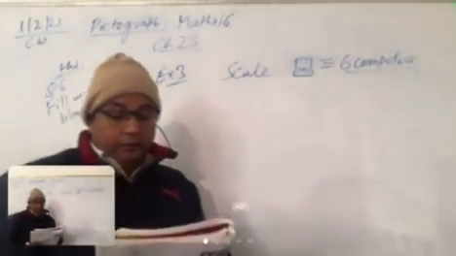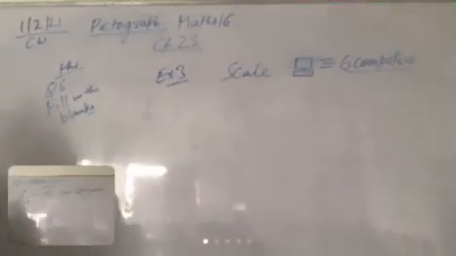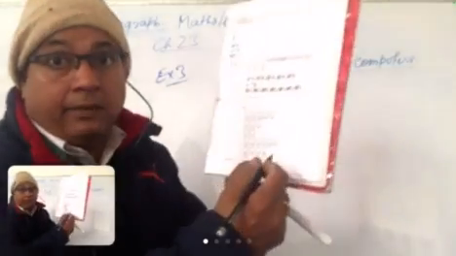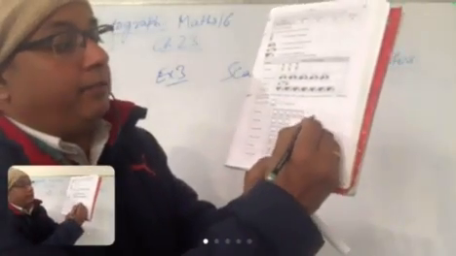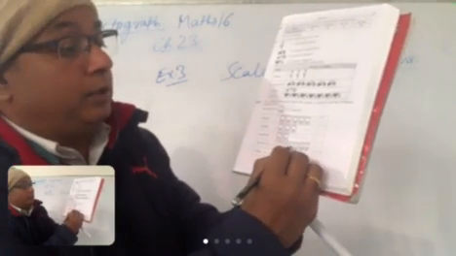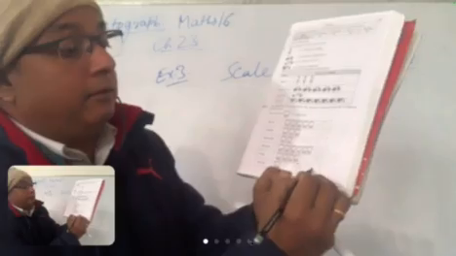Now Monday there are 1, 2, 3, 4, 5. Everyone write the numbers here: 5, 3, 2, 1, 2, 3, 4, 5, 6, 4 and 1, like this.